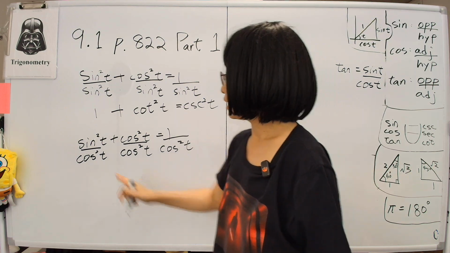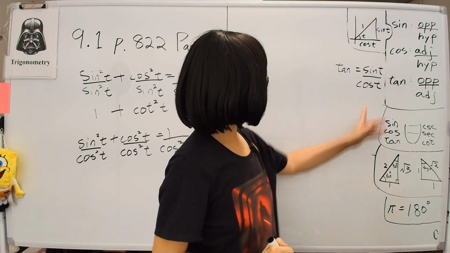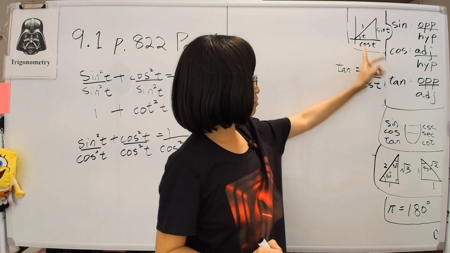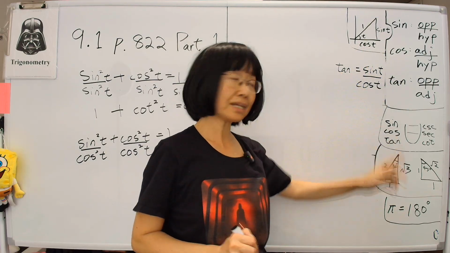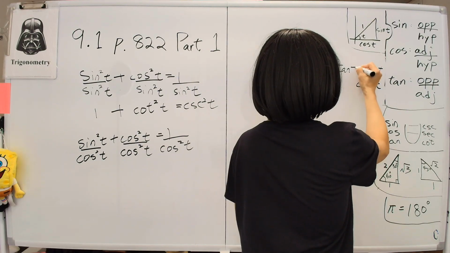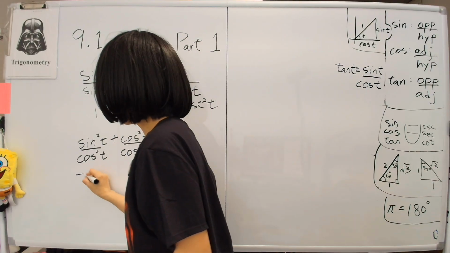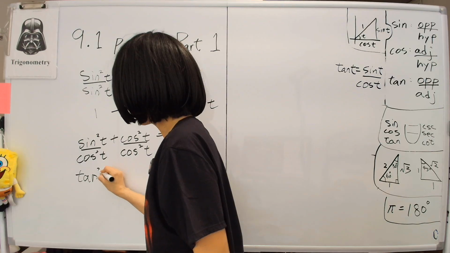What we get is sine over cosine, which is a tangent, by this definition and this graph. So sine over cosine equals tangent. Maybe I should write a t here. So this is tangent squared t.